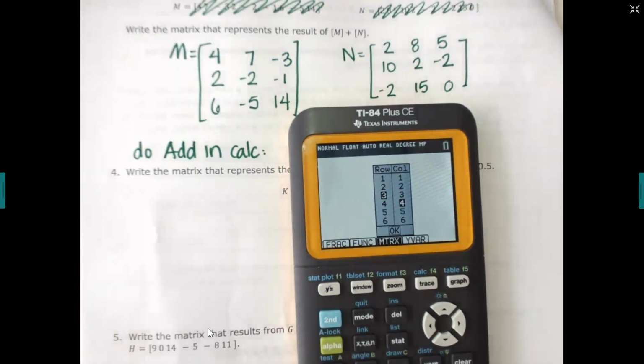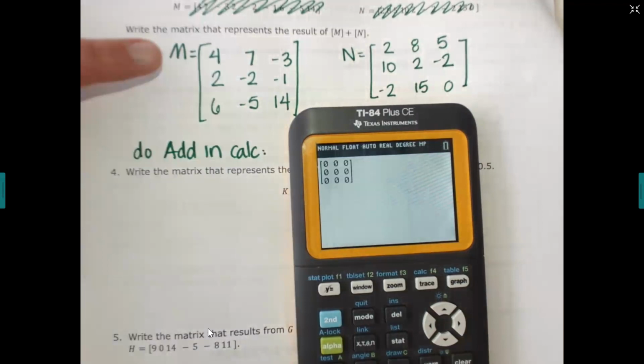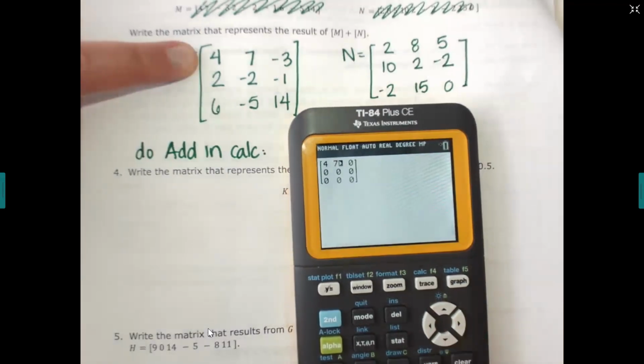And how many columns? 3. So then you're gonna have to change your matrix in your calculator where 3 and 3 are both highlighted. Otherwise, if you push OK, it's gonna be the wrong size. It's not gonna have enough spots for your numbers. Okay, everybody got that? And then we're gonna type in the numbers for M, which we copied down.